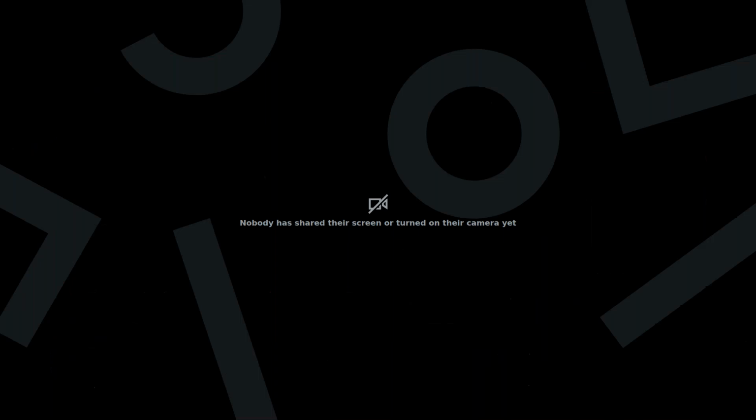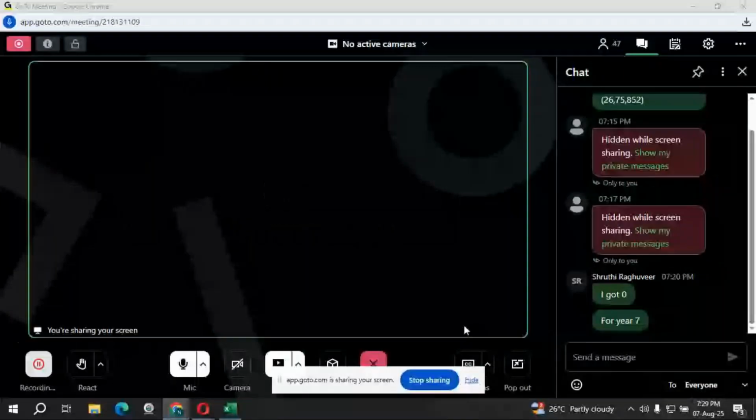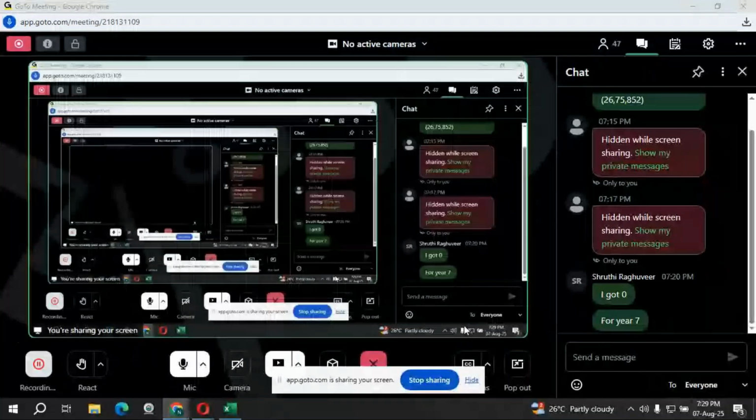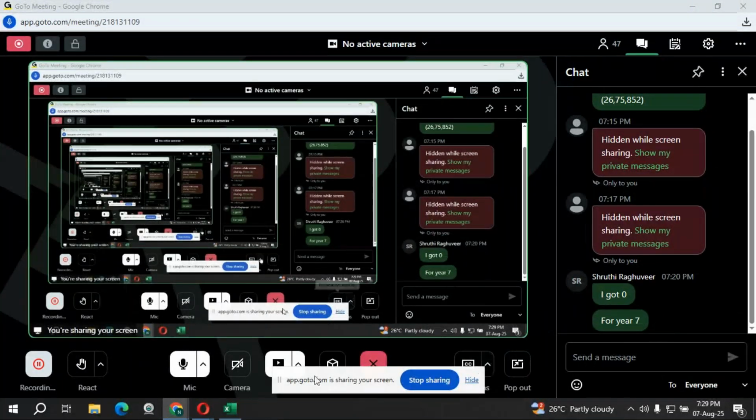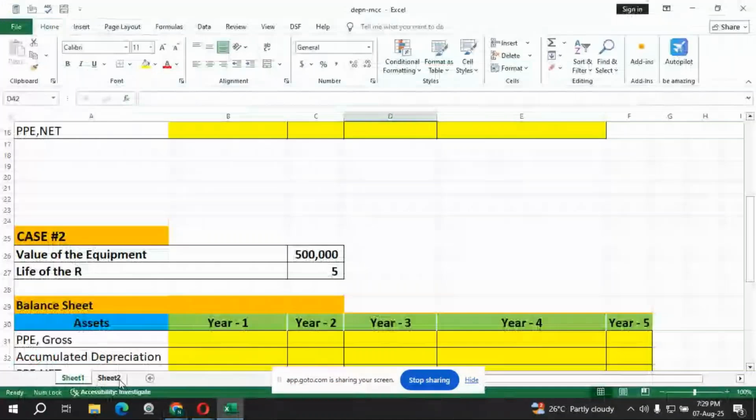Good. Go to sheet 1. Sheet 2 is later. Sheet 1.